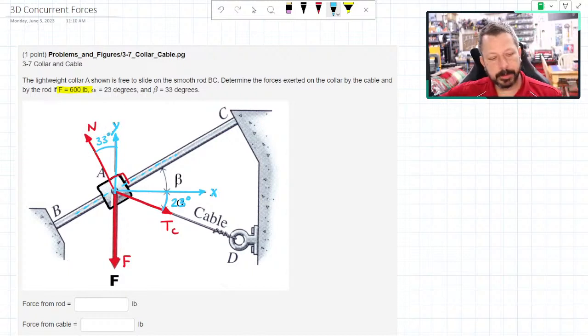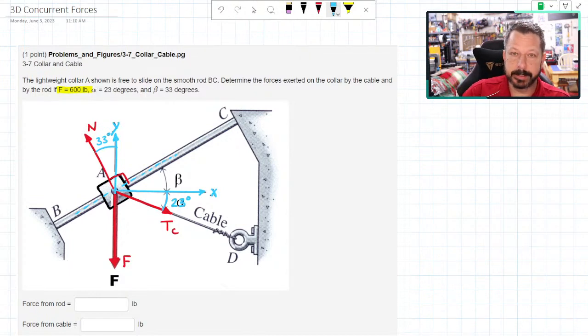Now, if that's hard for you to see, then you will have to do things like figuring out what's the angle of that normal force. To me, it's obvious, but if you think through it, how it would work is the rod is 33 degrees from horizontal, right?